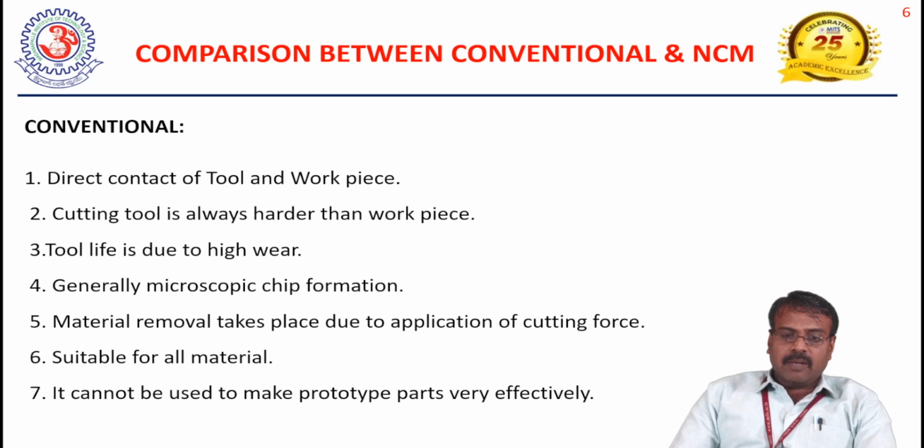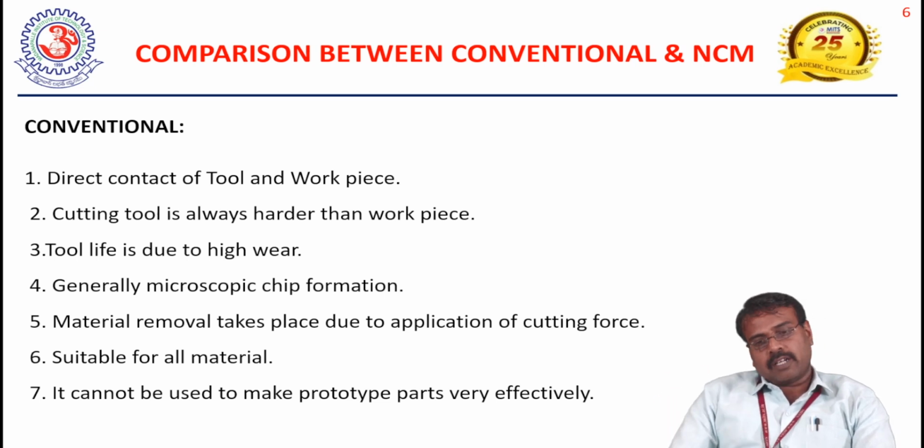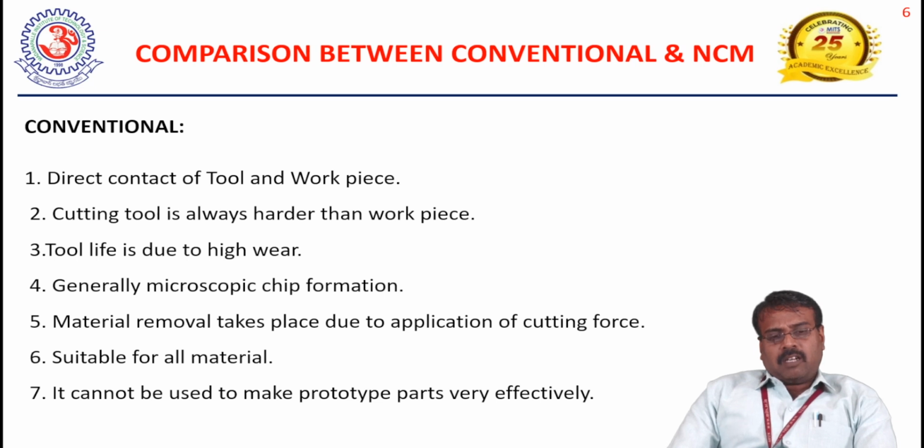Generally macroscopic chip formation will also occur. Then MRR, that is material removal, takes place due to the application of cutting forces. Conventional machining is suitable for all materials, but it cannot be used to make prototype parts very effectively.